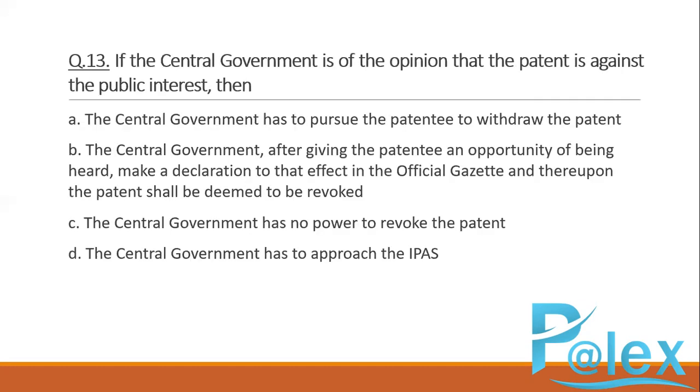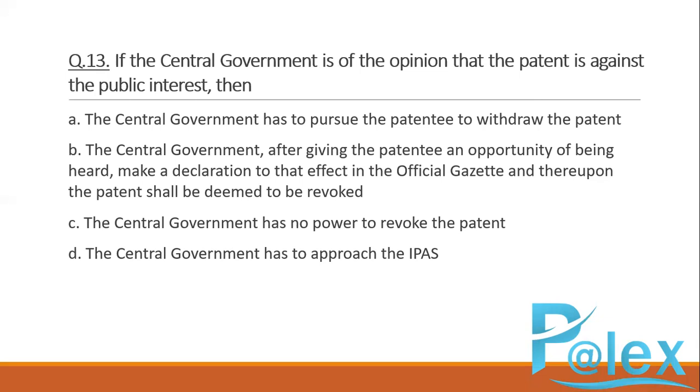If a central government is of the opinion that the patent is against the public interest, you're given 4 options. Central government has to persuade the patentee to withdraw the product. The central government, after giving an opportunity of being heard, make a declaration to that effect in official gazette, and thereupon patent shall be revoked. Third option, central government has no power to revoke.